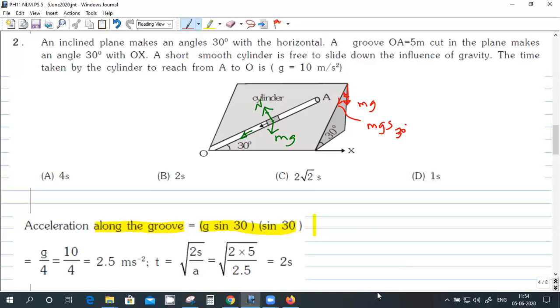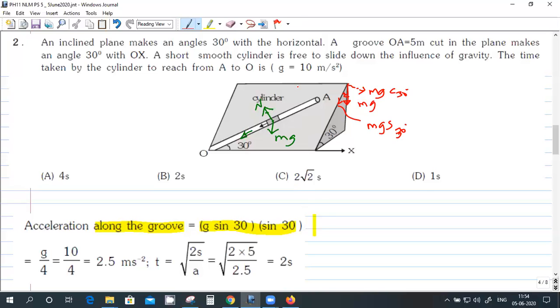Is that clear? I can split like this and then a normal component mg cos 30. So along this plane it is mg sin 30. Is it clear? Yes, sir.